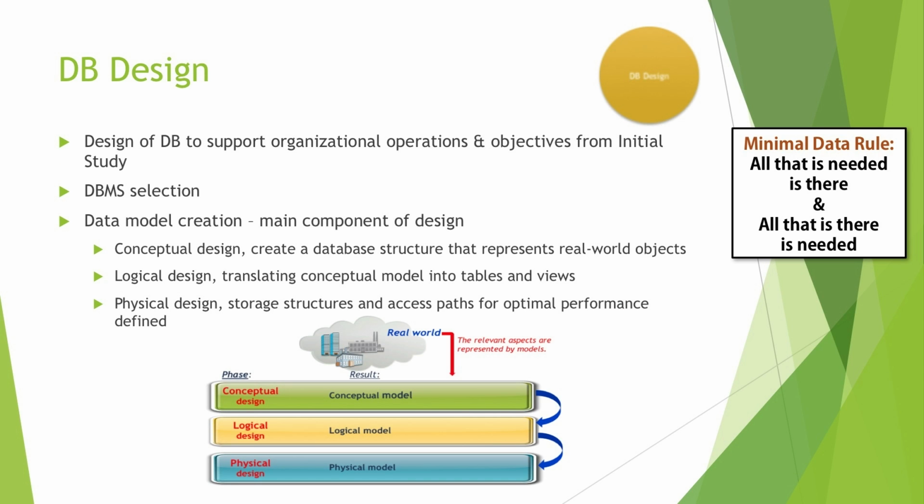In the DB design step, you need to design the database in order to support organizational operations and objectives from the initial study. One of the important things to consider is the minimal data rule. And this states that you want to include all the needed data. So everything that is needed is included.